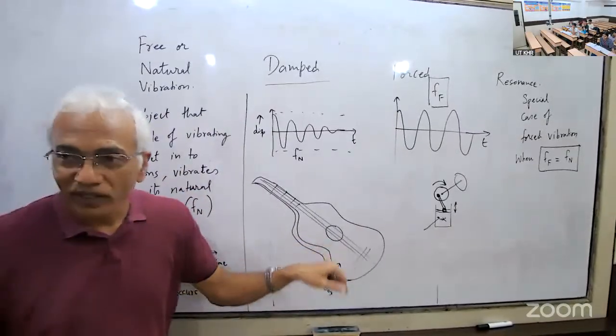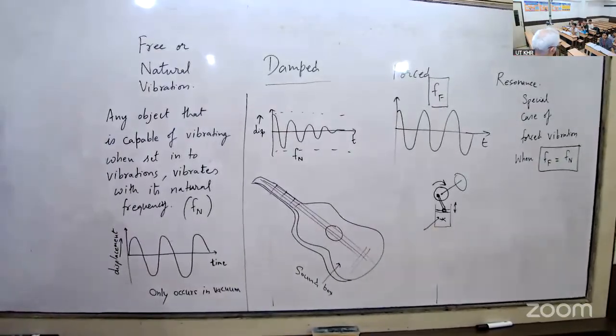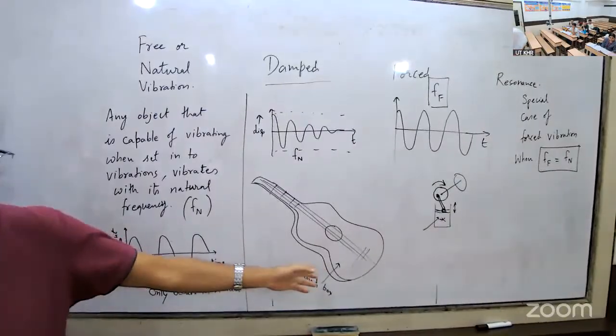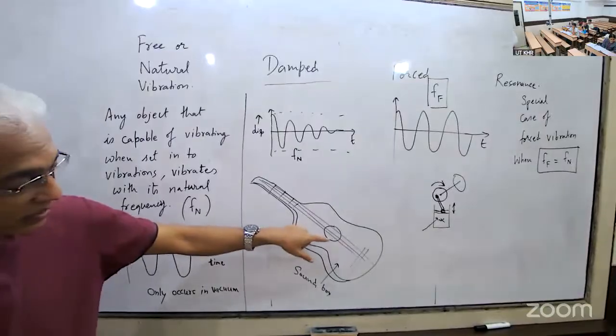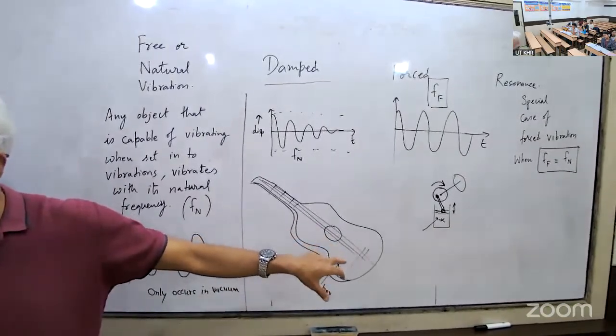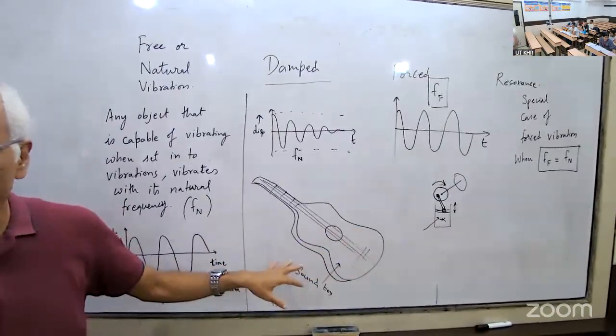So when you vibrate the string, the vibrating string will produce sound, but it won't be very audible if you did not have the sound box. The sound box has air, right? So when you vibrate the string, it passes the vibration into the air inside the sound box. That air occupies a large area.